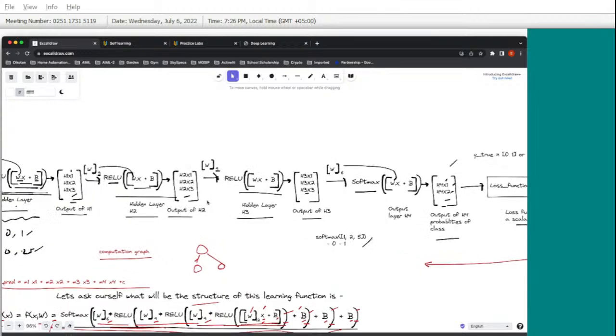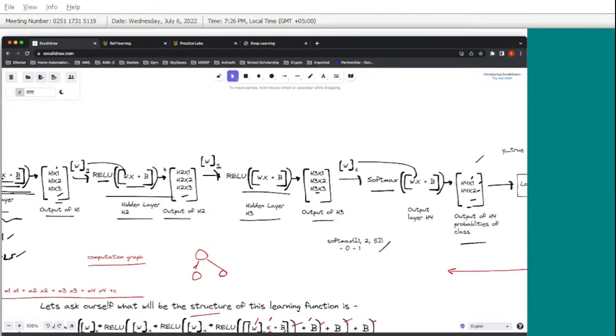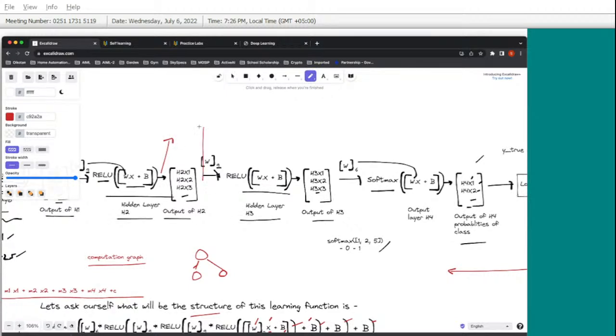Then one of these neurons, or randomly any of the three neurons, will become zero.